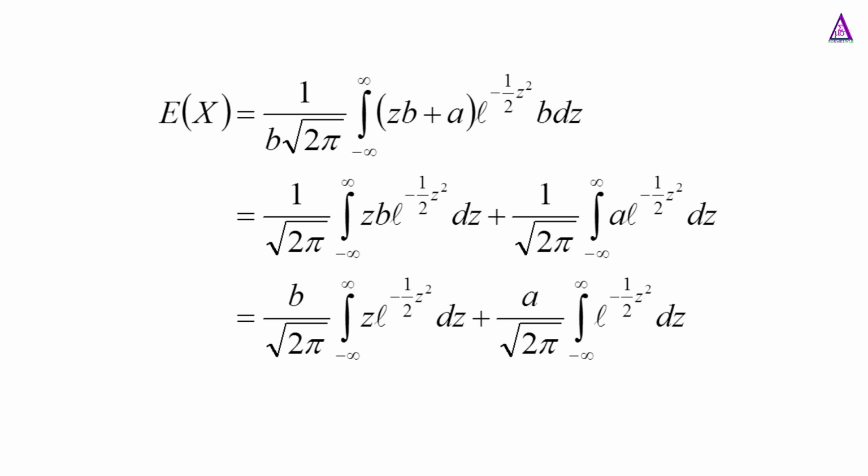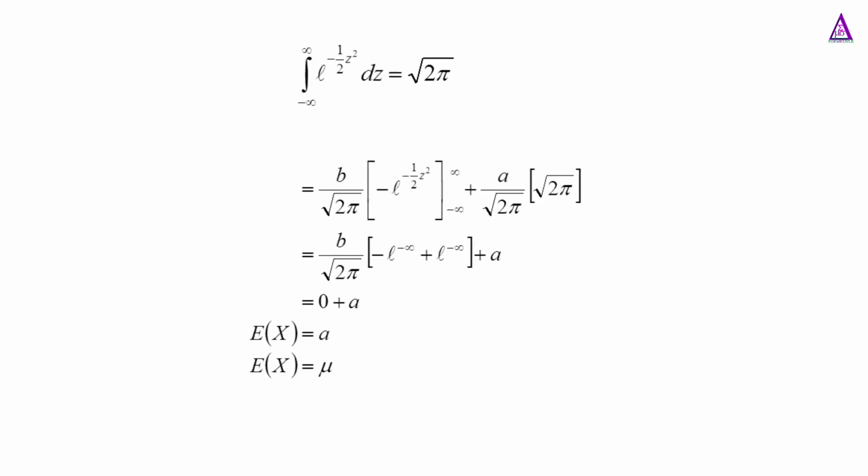By factorizing b and a out of the equation, we have b divided by square root of 2 pi integral negative infinity to infinity z exponential raised to power negative 1 divided by 2 z square dz plus a divided by square root of 2 pi integral from negative infinity to infinity exponential raised to power negative 1 divided by 2 z square dz.